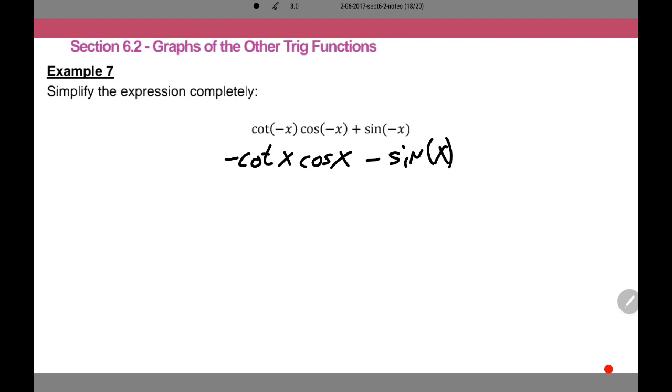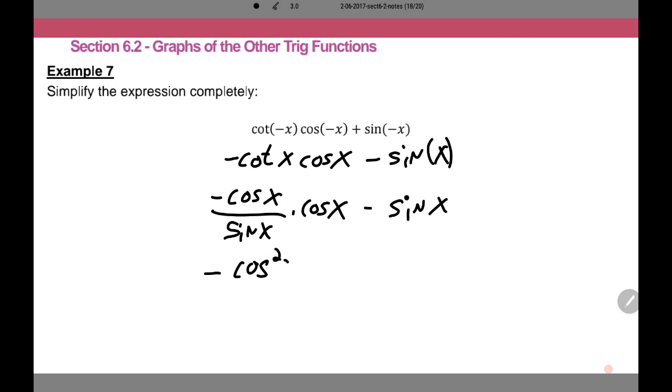Then we can do our changing cotangent into negative cosine of x over sine of x, my bad. Said the wrong thing there. Times the cosine of x, and then that's still minus the sine of x. And what we have here is cosine times cosine, so that's negative cosine squared of x over sine of x.